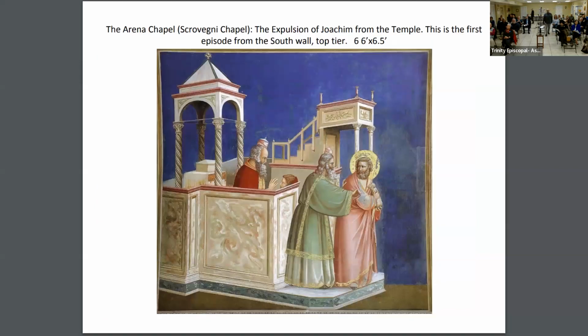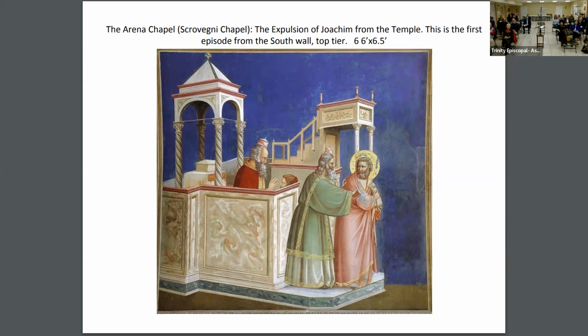So we're starting here on the south side with the story of Joachim. And he was one of the 12 tribes of Israel. The story of their marriage was one of being barren, and barrenness was considered a sin, or you were imperfect at this era.